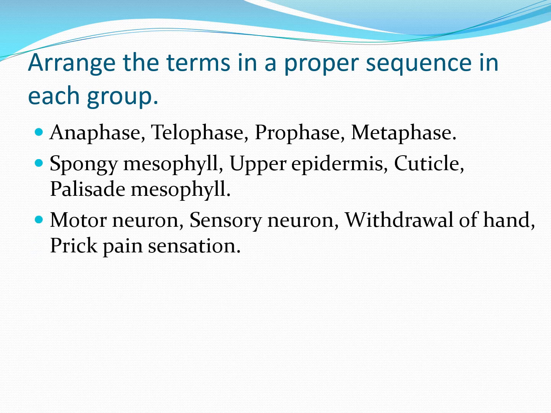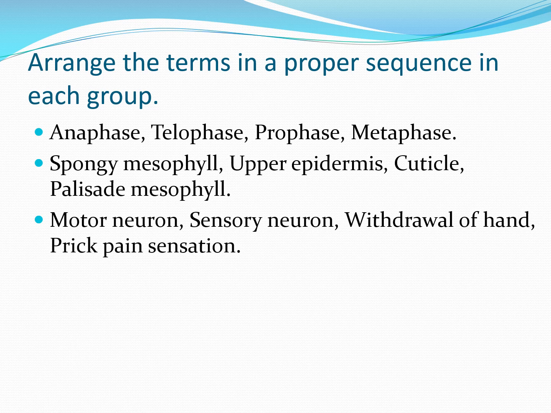Next question, motor neuron, sensory neuron, withdrawal of hand, prick pain sensation. It shows a reflex arc. So here first is prick pain sensation, then that sensation is carried by sensory neuron. Sensory neuron will pass the information to the central nervous system.